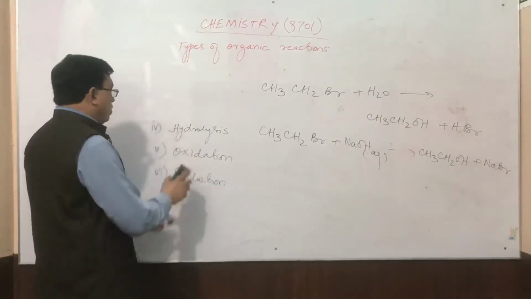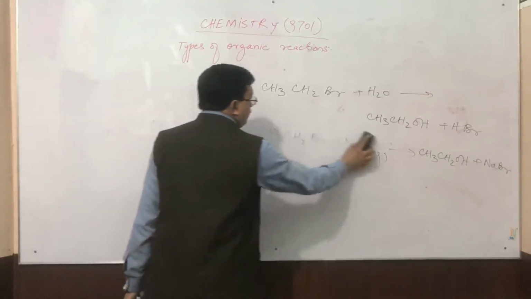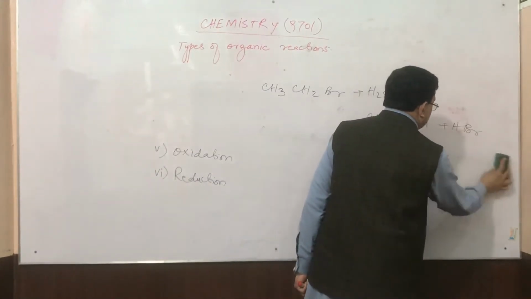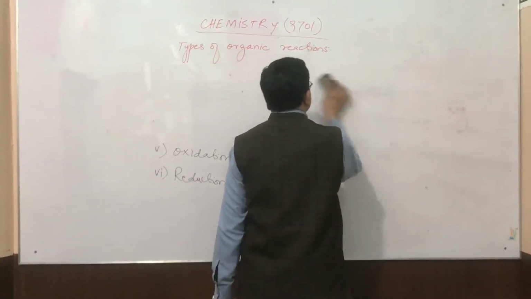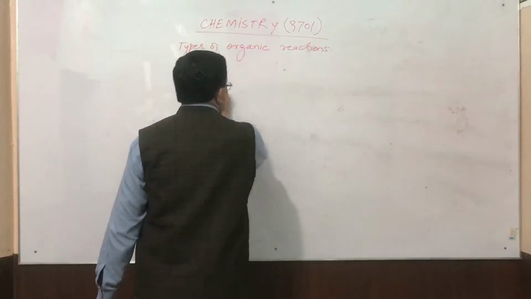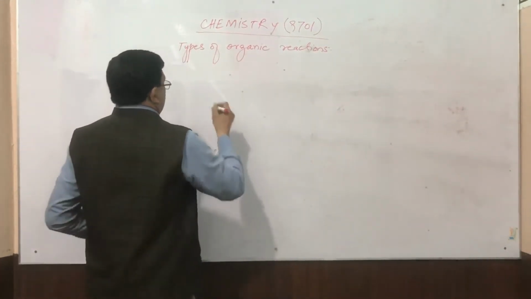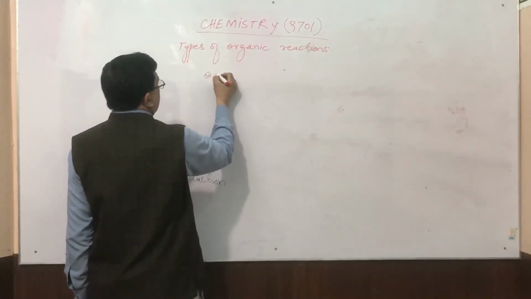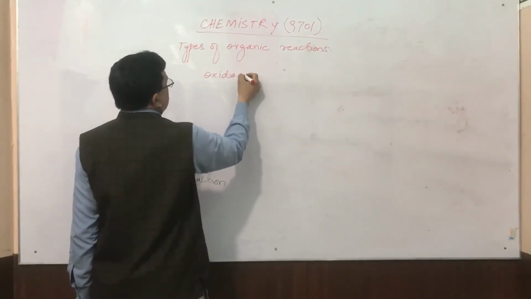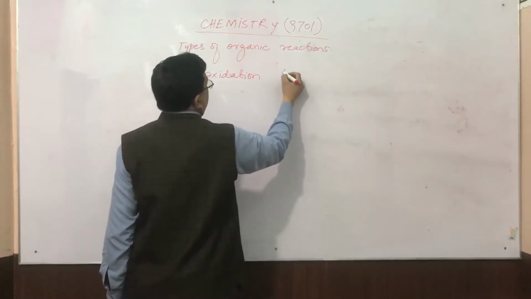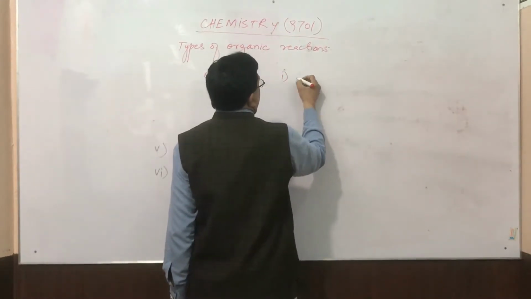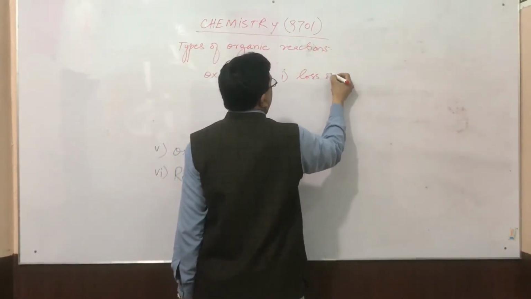Next is the oxidation. We have already learned different definitions of oxidation and reduction. Oxidation means, number one, loss of electrons.